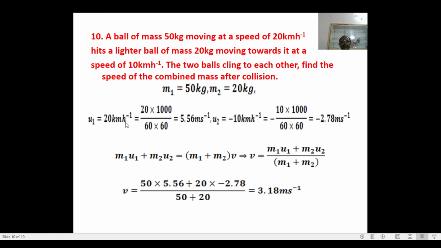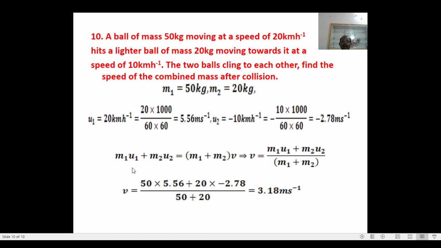u1 is equal to 20 km per hour is equal to 20 into 1000 meter divided by 60 minutes into 60 seconds, which is equal to 5.56 meter per second. u2, which is moving in opposite direction, take negative sign, which is equal to minus 10 km per hour, which is equal to minus 10 into 1000 divided by 60 into 60 is equal to minus 2.78 meter per second.